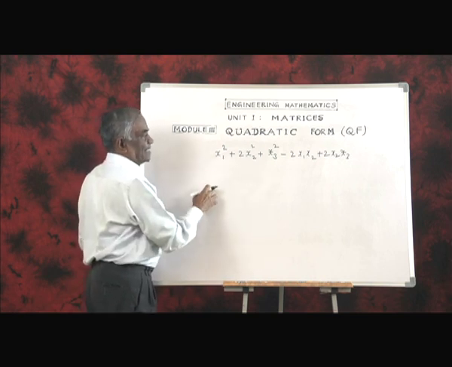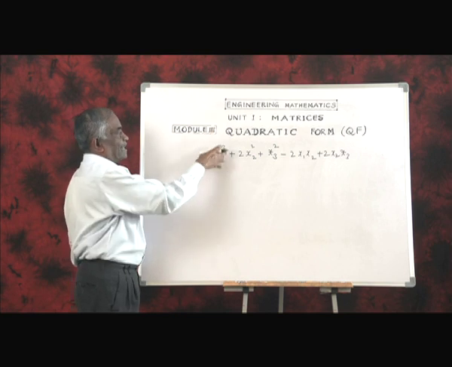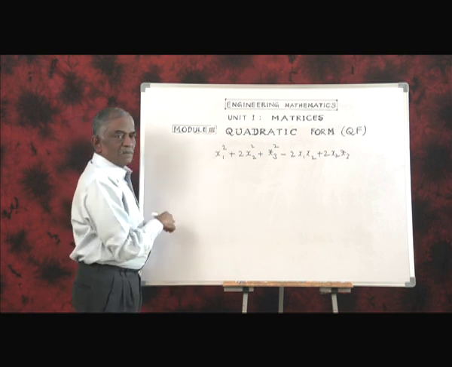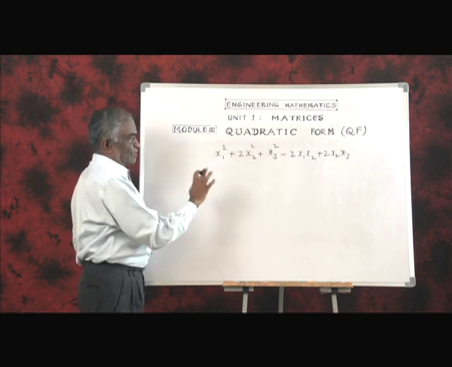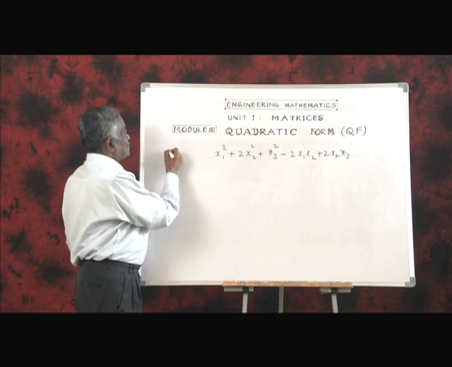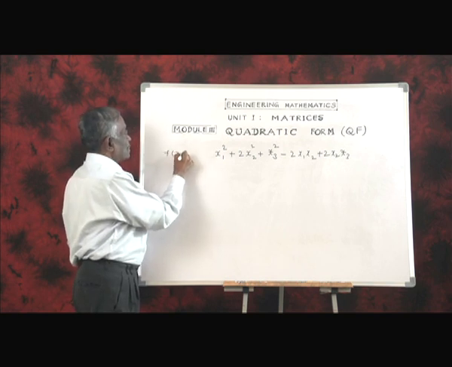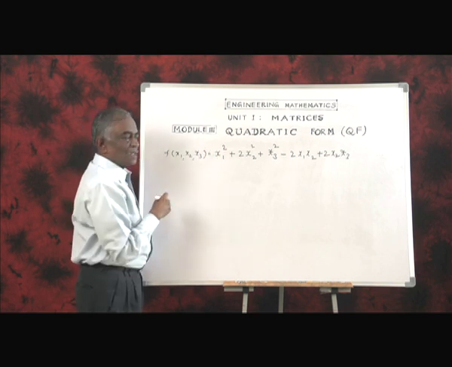Each term is second degree. So such an expression is called a quadratic form in three variables. Of course, you can even have x1, x3 term also. Just for example, I have written some expression. So this is a function of x1, x2, x3.